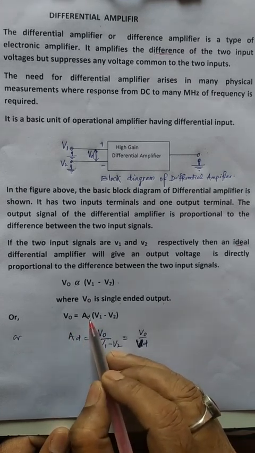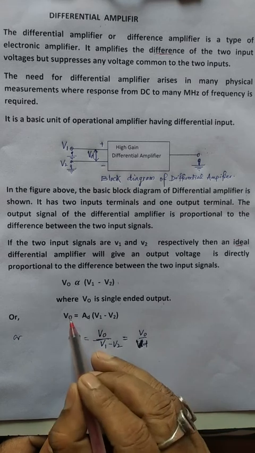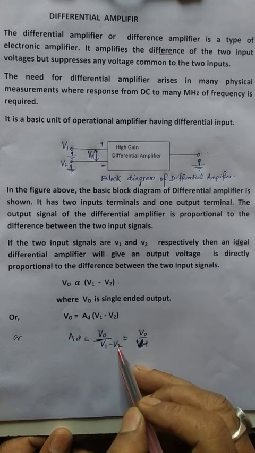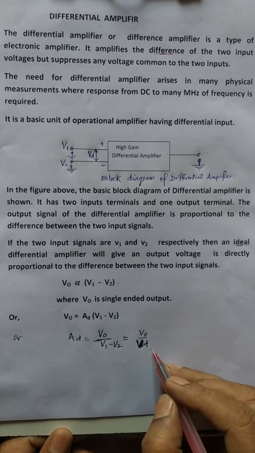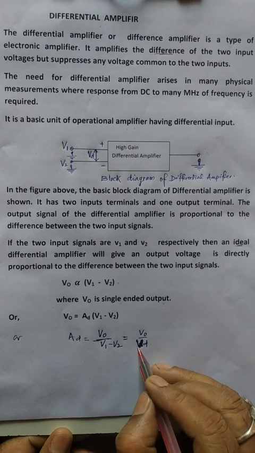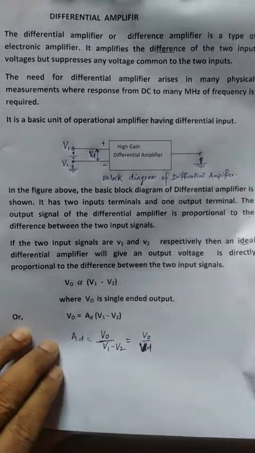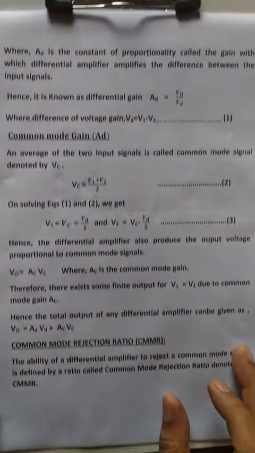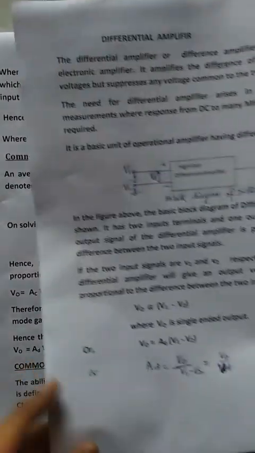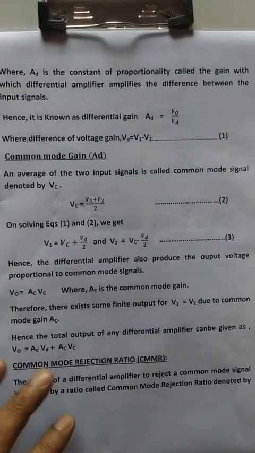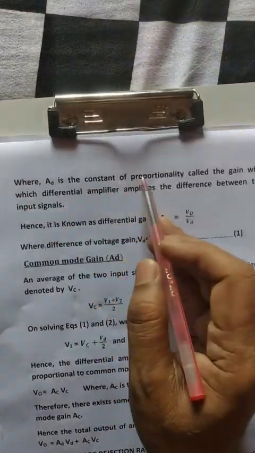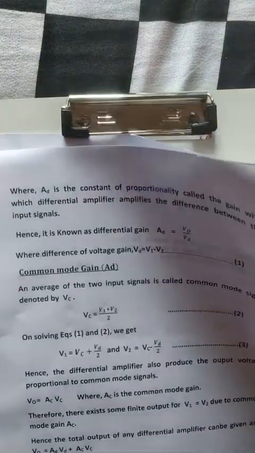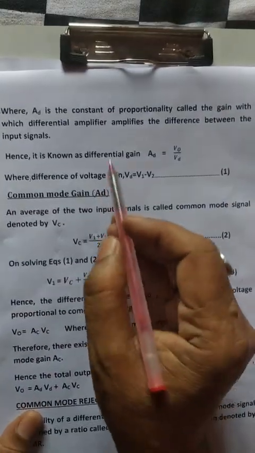We may write AD equal to VO by V1 minus V2, and V1 minus V2 we write VD, the difference voltage, where AD is the constant, the proportionality constant.